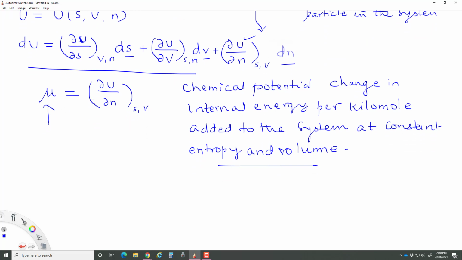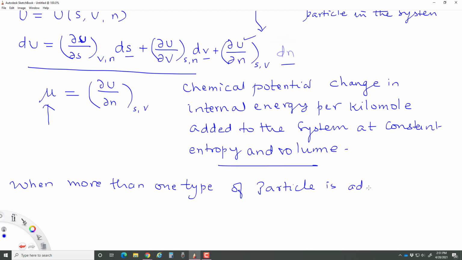In that case, this equation will become, so when more than one type of particle is added to the system, then you will have dU equal to TdS minus PdV.